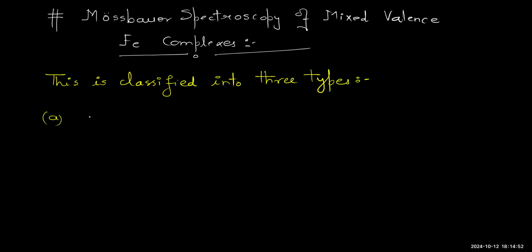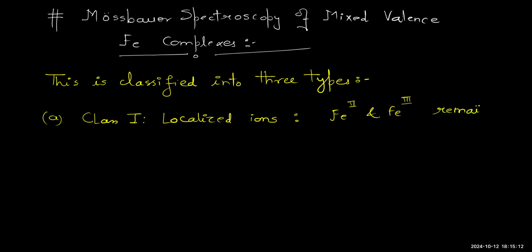First one is class 1, which is your localized ions, which means that if iron 2 and iron 3 are existing, they will exist as a localized pair.